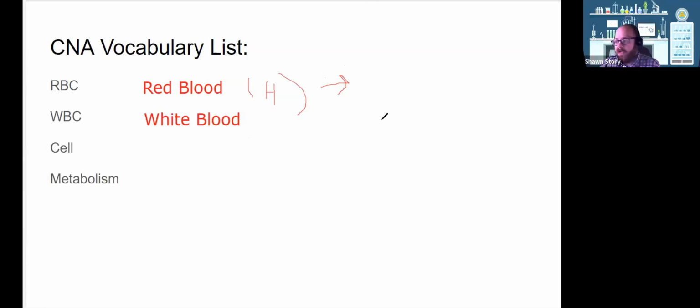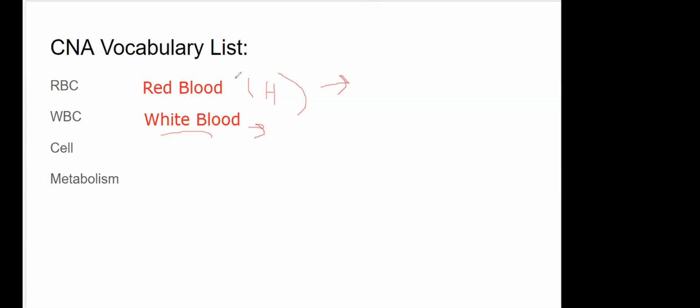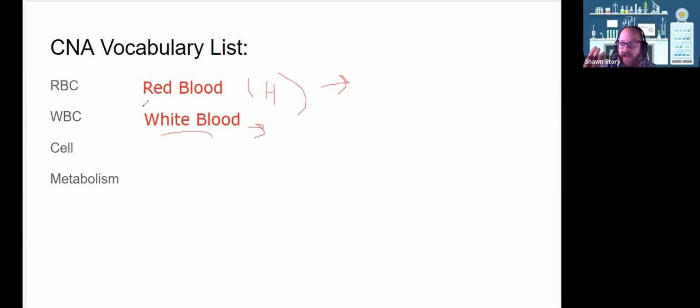White blood cells are like your soldiers, they're protective. When you have bacteria or diseases or viruses, your white blood cells are coming to attack foreign bodies that are in your system. They're almost suicidal. Yeah, absolutely.